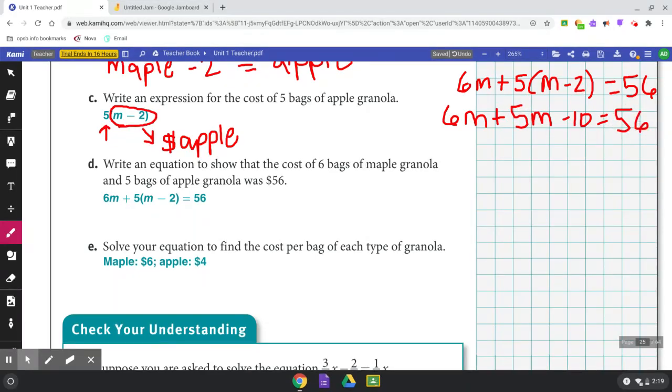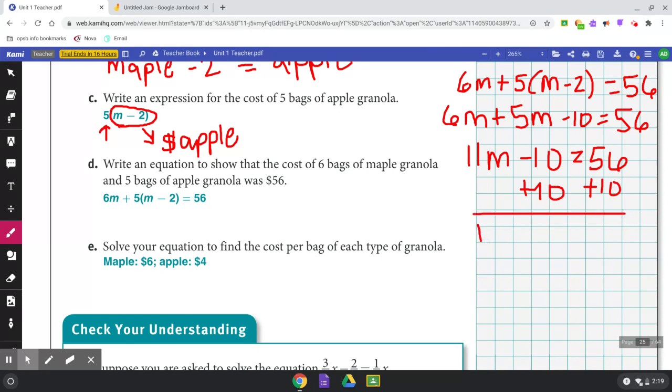Then I need to combine like terms and get 11M minus 10 equals 56. Now I need to add 10 to both sides, and I get 11M equals, these cancel, 66. Divide both sides by 11, and I get M equals 6. Ooh, that's funky. M equals 6.